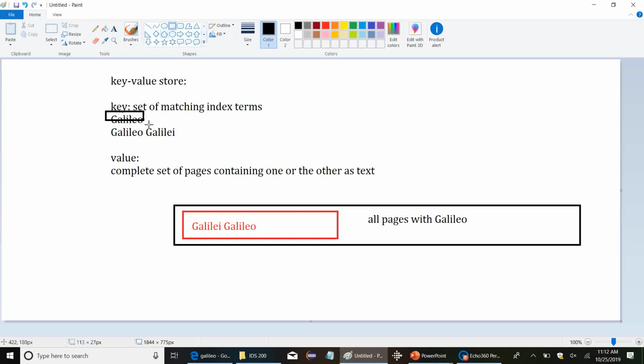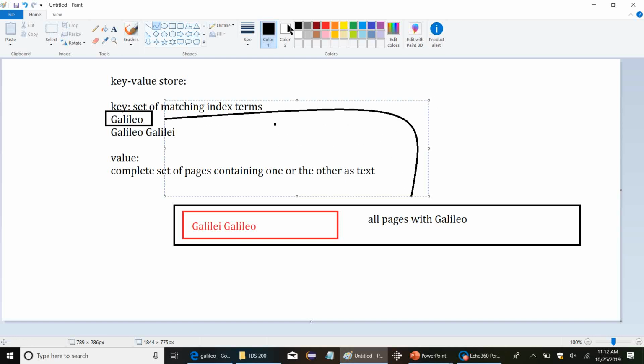Essentially, they could have the Galileo linked to this batch, and the Galileo Galilei linked to this batch, and they wouldn't need to duplicate the records in their database. Okay, so that's a possibility, but we don't have a whole lot of detailed knowledge like that about the way Google actually arranges their data, but something like this would make sense.